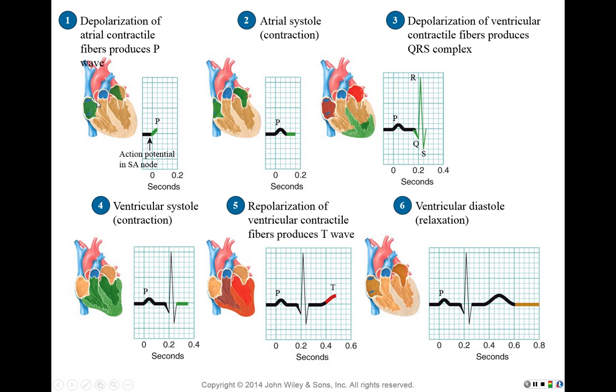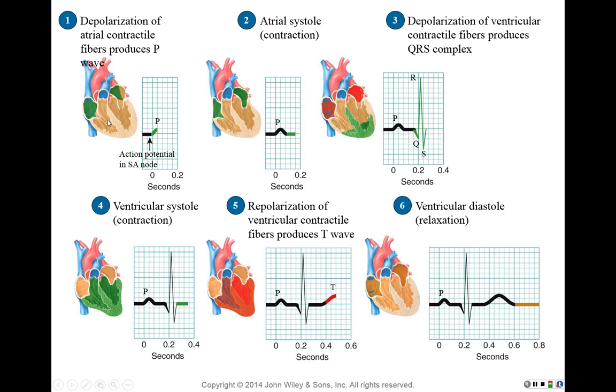This is not showing blood, this is showing the electrical current. That's what the green is showing. The blood will be pushed through the opened AV valves, and the ventricles will complete their filling of blood.